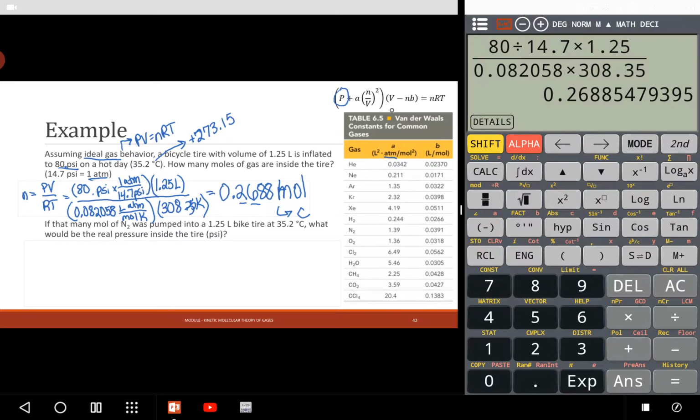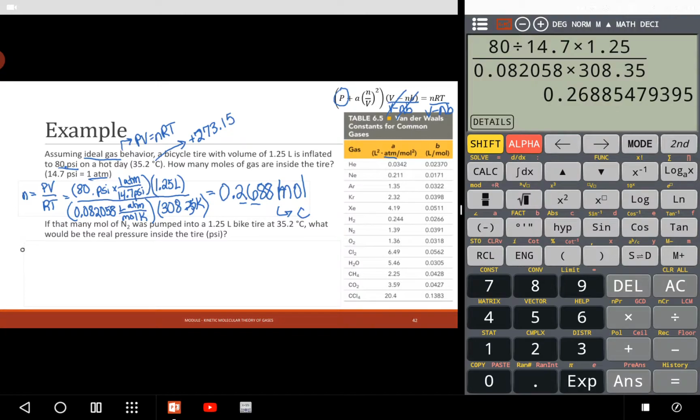The first step to solving for P is to get rid of this V minus nb on both sides. So I can divide both sides by V minus nb, and that's going to cancel out that term. And then I'm going to subtract this other term from both sides.